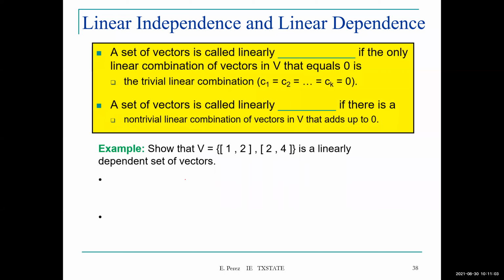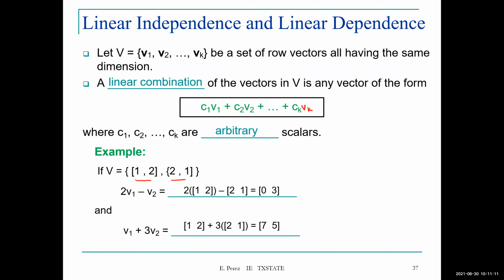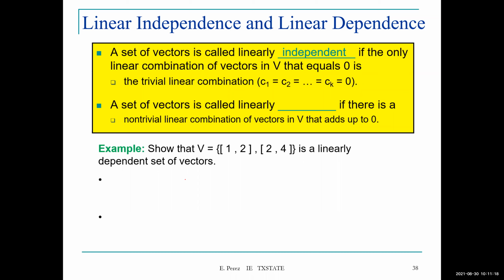So a set of vectors is called linearly independent if the only linear combination of vectors in this set B, like the one that we did here, that equals 0 is the trivial linear combination in which you have to make every single C equal to 0.